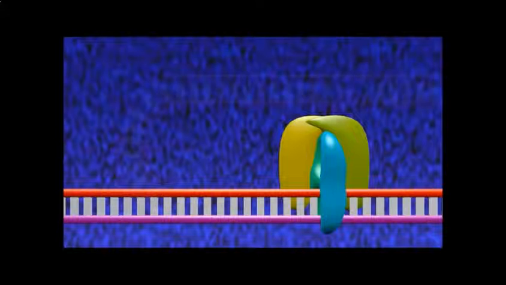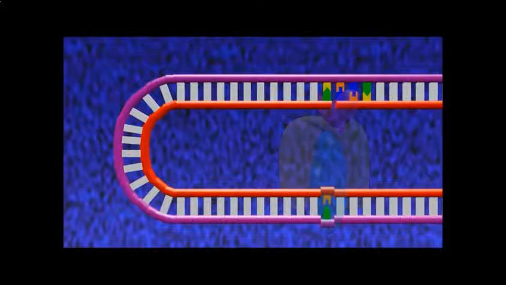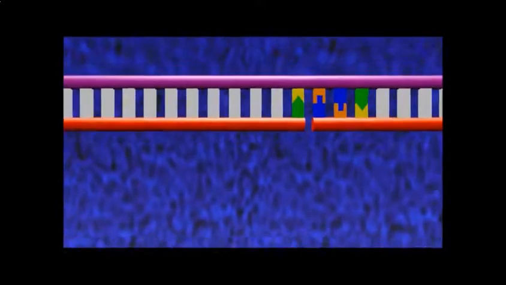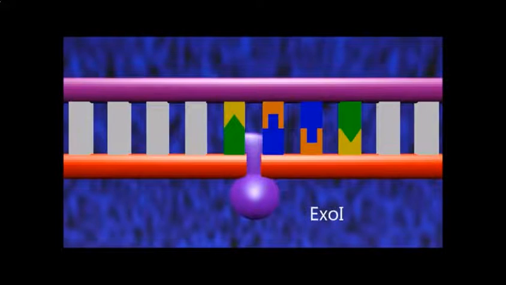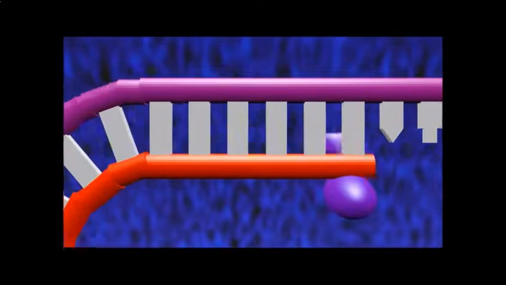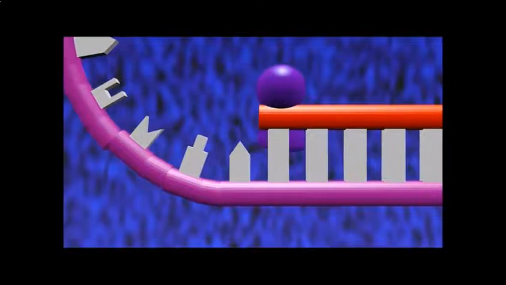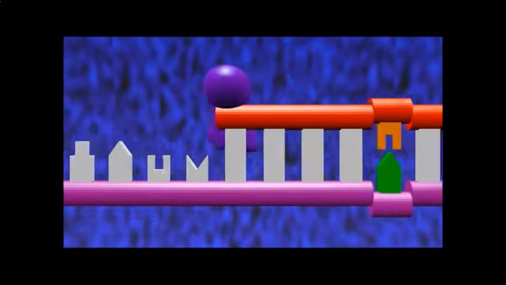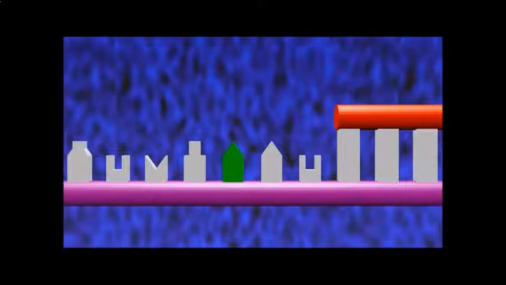In order for MutH to become activated, it needs to bind with MutL. This causes the DNA to bend. The newly formed backbone incision allows an exonuclease to enter and begin excising nucleotides from the newly synthesized strand. The exonuclease excises the mismatched nucleotide and stops excising just beyond it.